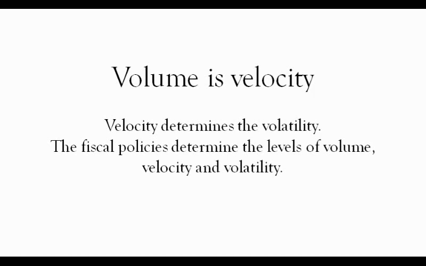So the fiscal policies determine the levels of volume, velocity, and volatility. So what we're trading is volatility according to the volume. So the velocity is what we read in the tape. So what we're looking for is strong velocity in price, which is just strong volatility, which is strong volume. So this is all that we need. And from the ticker tape, everything we need is provided.